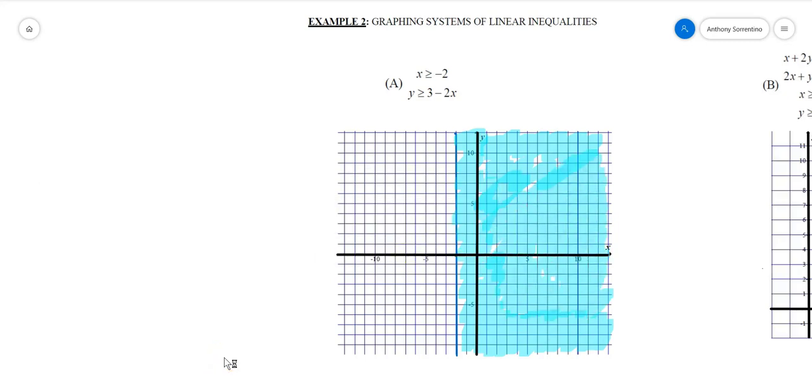Now I'm going to look at the second one. I can rearrange it a little bit. It's already solved for y, and it looks more like slope-intercept form in this format. When I graph it, I start at 3 and go down 2, right 1, or up 2, left 1.